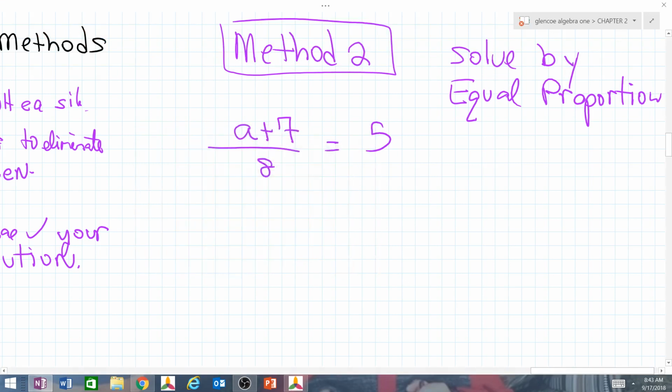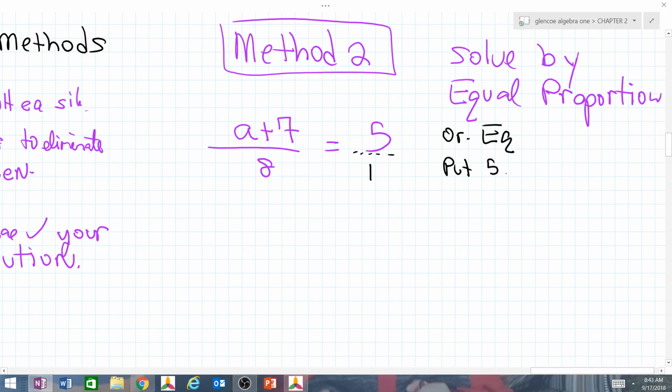An equal proportion is an equation where two fractions or two ratios are equal to each other. I hope you all remember that if you have any whole number or any integer, we can make it a fraction by writing it over 1. Okay? Yes? So this is my original equation.